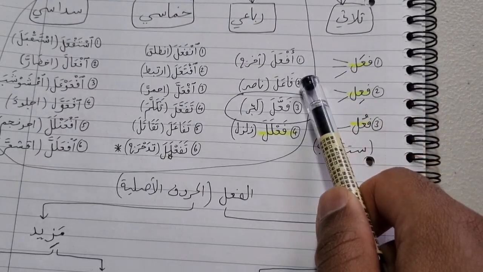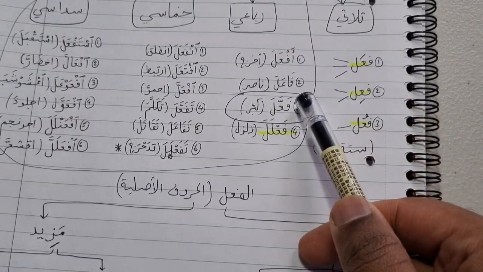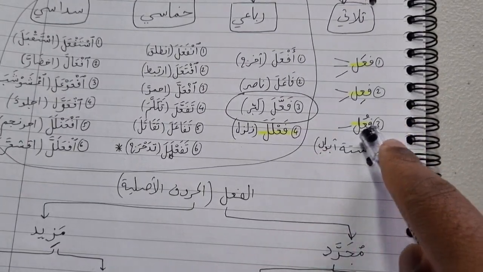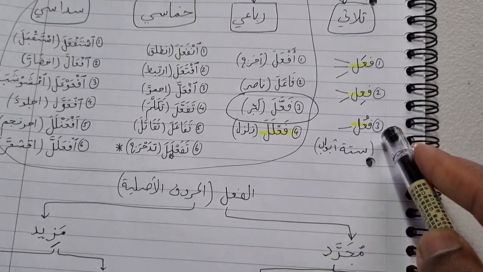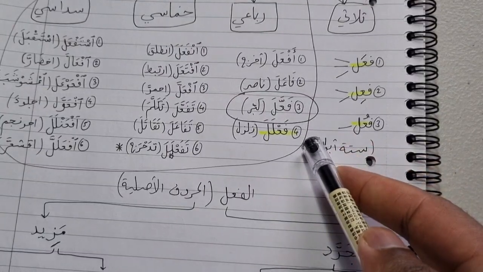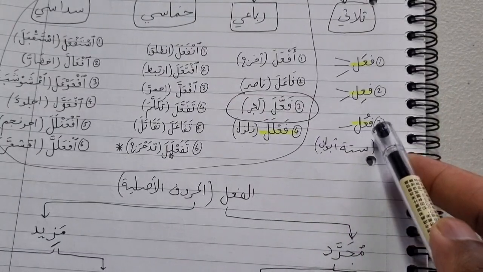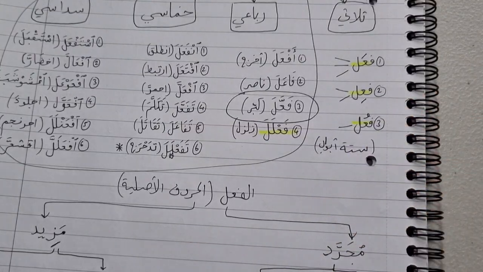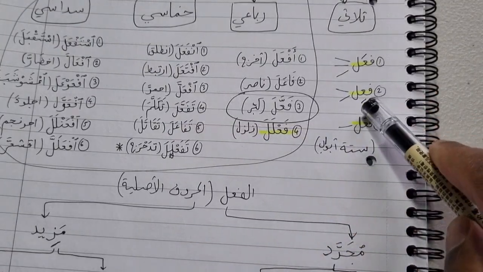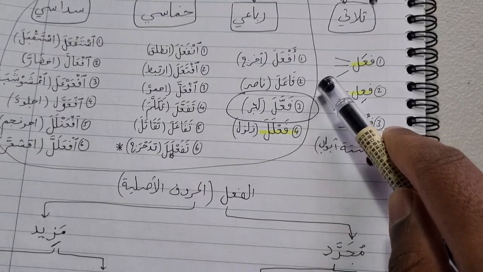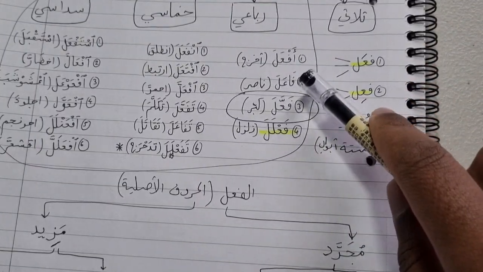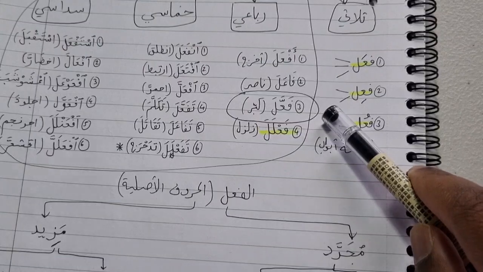Likewise, with the mudari', do you know what the mudari' is going to be? There's no rule to determine it. The only rule here is this one, for example. This one, fa'ula, you only have one other option, which is yaf'ulu. So if you know that it's fa'ula, it's going to be yaf'ulu. But with these ones, you don't really know. With fa'ila, actually, you kind of know it has a fatha. That's in most of the cases going to come with a fatha. There's only a few that come with yaf'ilu.